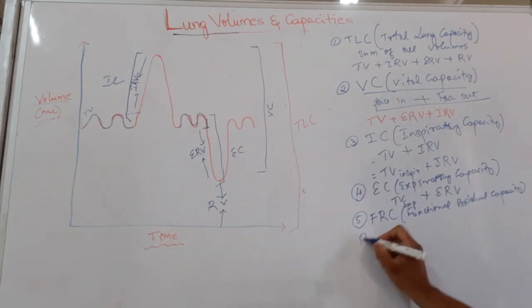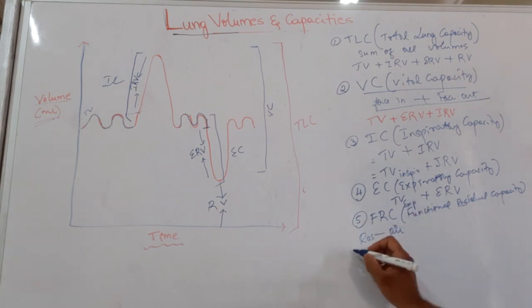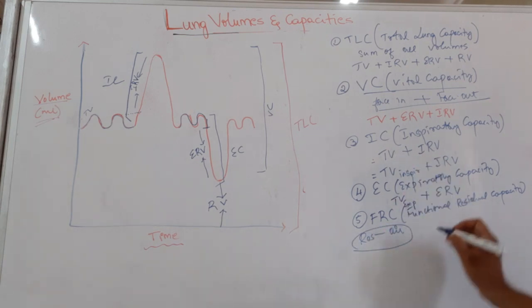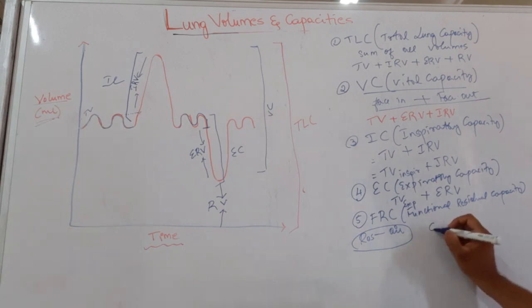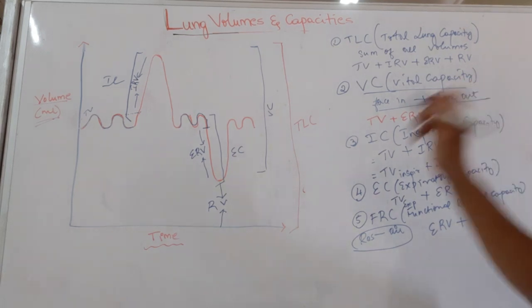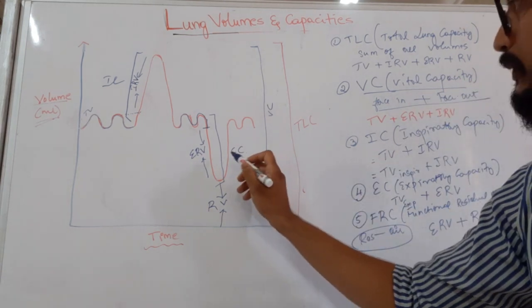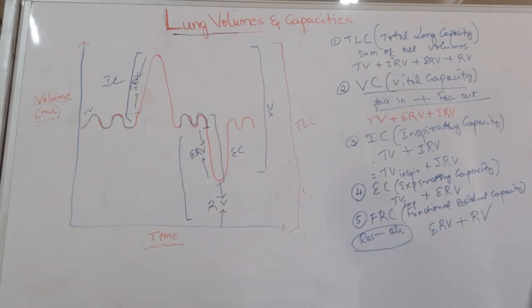It is the reservoir of air in the lungs, or the lung volume that is ventilated by tidal volume, which is equal to expiratory reserve volume plus residual volume.